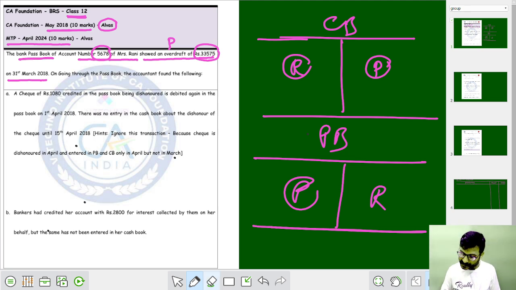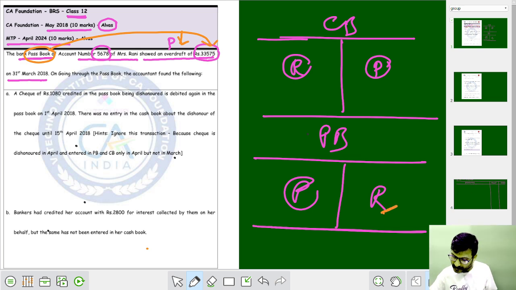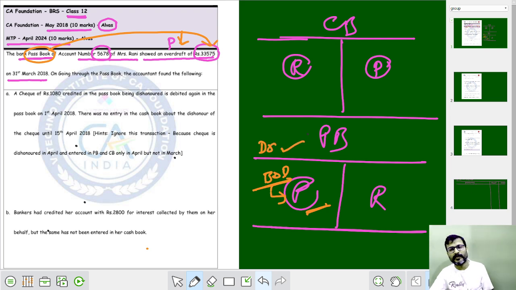See, my dear kids, the passbook of Rani shows overdraft. Overdraft means payment. Here we get bank overdraft. Bank overdraft is payment. It comes on which side of the passbook? Debit side of the passbook.